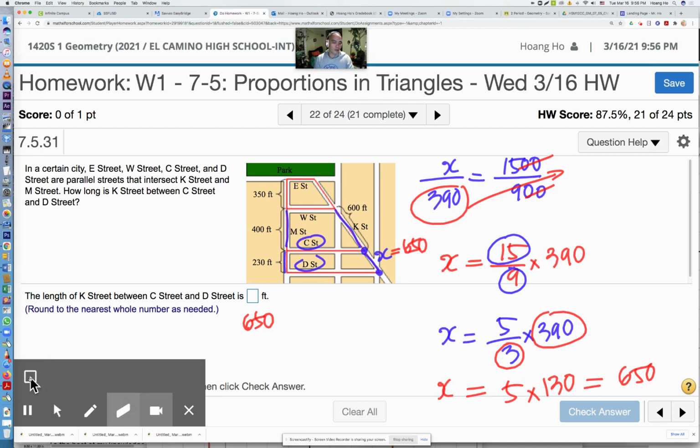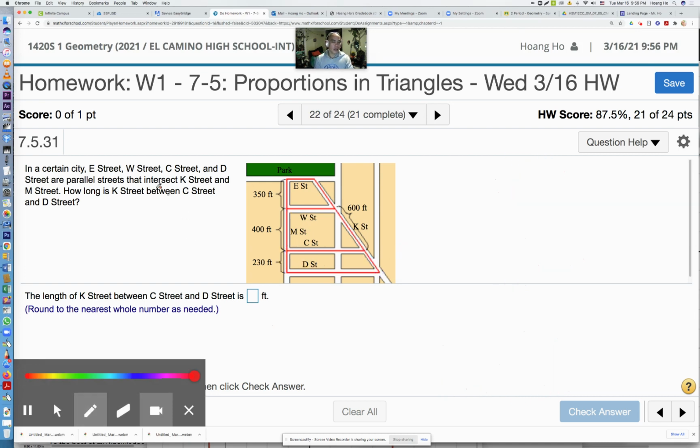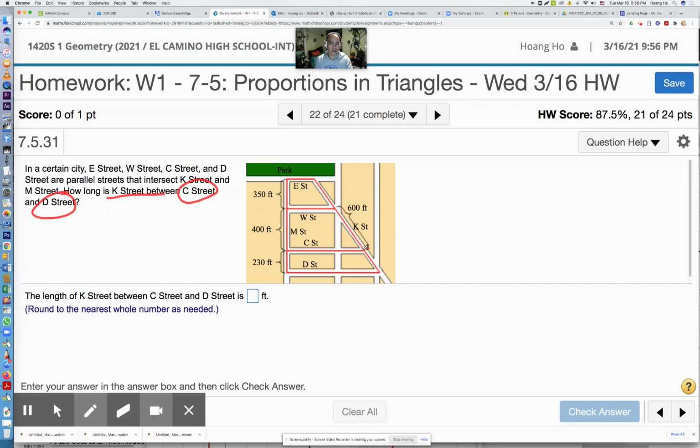Number 22, very similar. You need to find how long is K twist between C and D twist. This is the part that we're looking for, so let's call it X. Now you can set up a proportion any way you want.